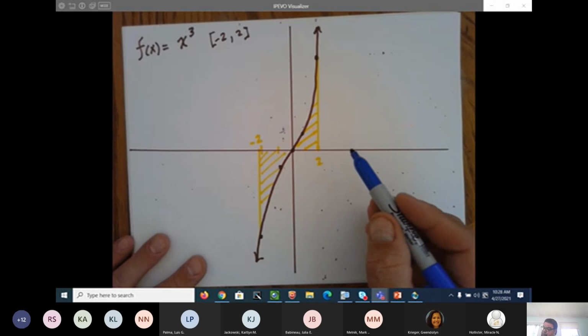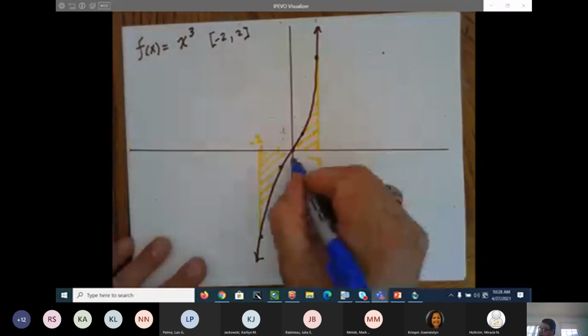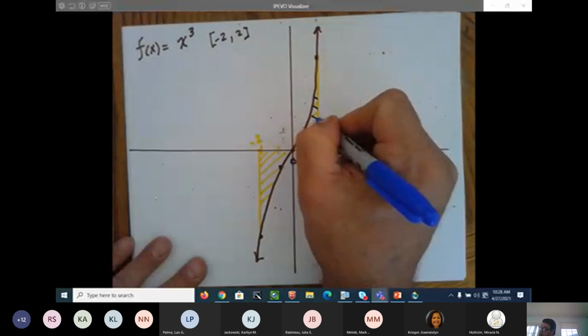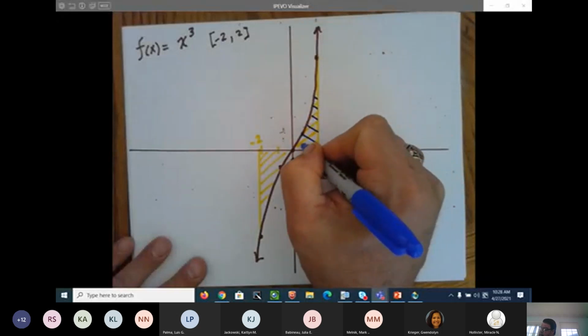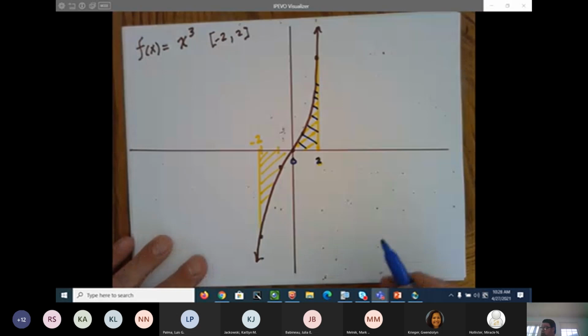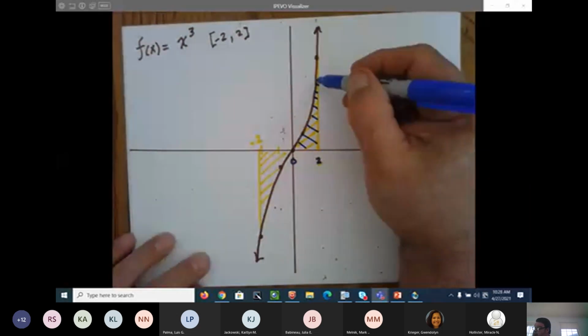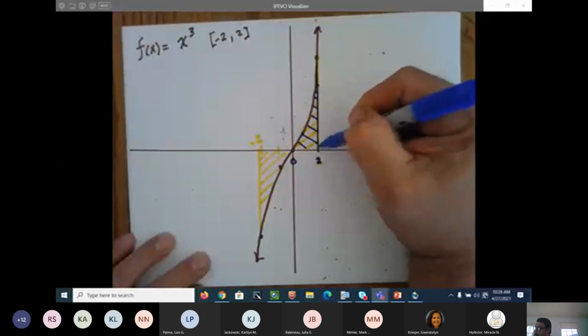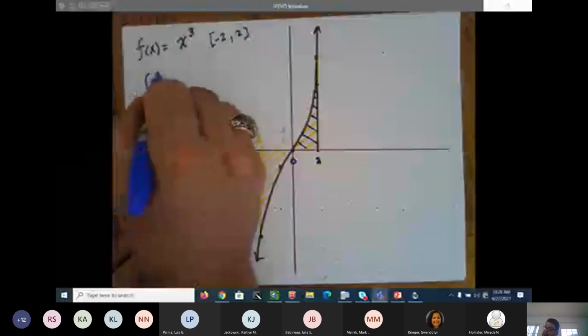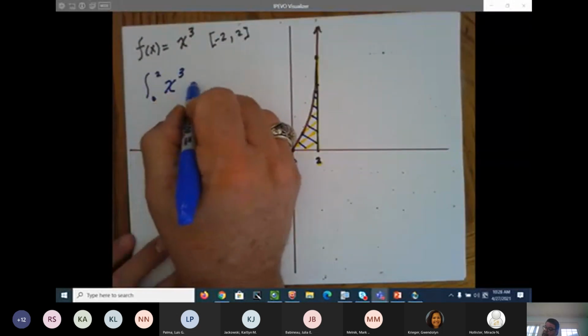So antiderivative, we're going to do from 0 to 2. I'm going to do this area right here because I want you to see what I'm talking about. So I'm going to do 0 to 2, and that's going to be the antiderivative from 0 to 2 of x cubed dx.